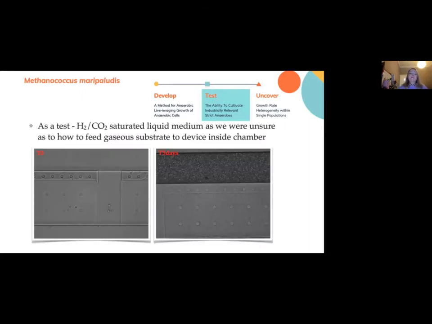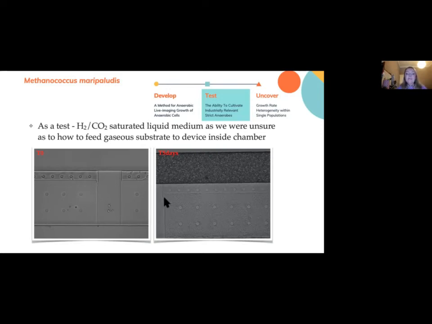I also tested some methanogens. So this was Methanococcus maripaludis, which is a hydrogenotrophic methanogen. So I saturated medium with hydrogen because we were unsure how to feed gaseous substrate to the device inside the chamber. And obviously hydrogen is flammable.